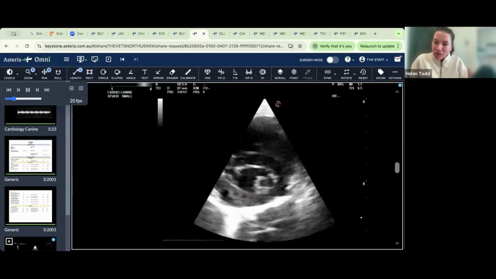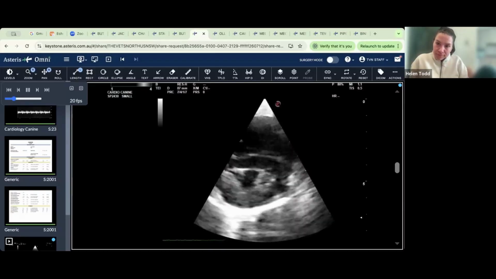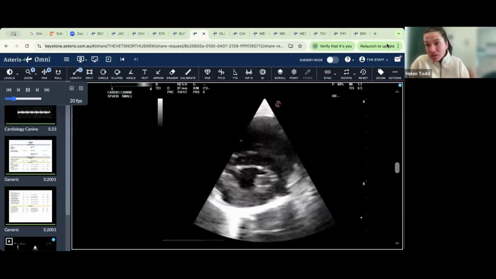What type of dogs do we think of that get pulmonic stenosis? So we see it in lots of breeds, but we really think of the brachy breeds, like bulldogs, anything that's brachy or a bit of a Staffy or a bulldog. Love getting pulmonic stenosis.